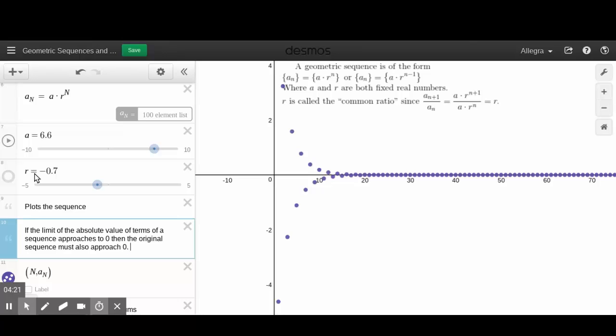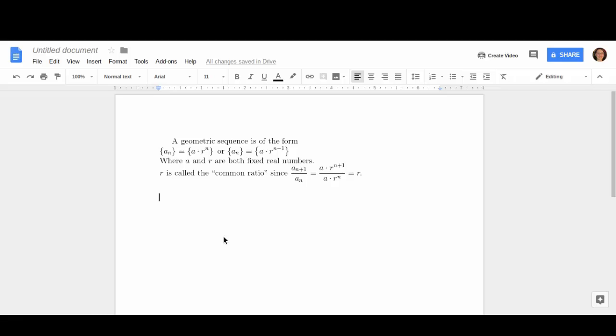If I take the absolute value of my sequence, the absolute value of a sub n, and I know that the limit of that sequence is 0, then negative 1 times the absolute value of my sequence terms must also shrink to 0 as we go to infinity.